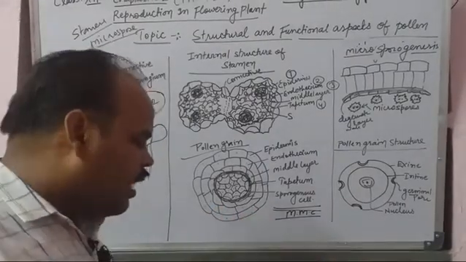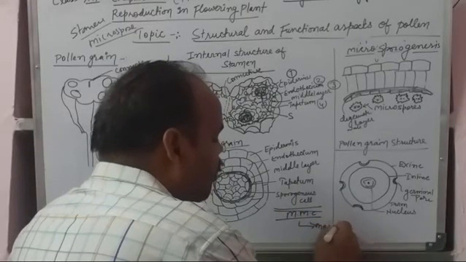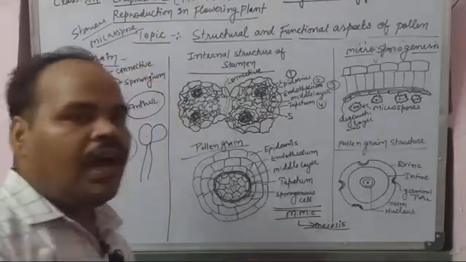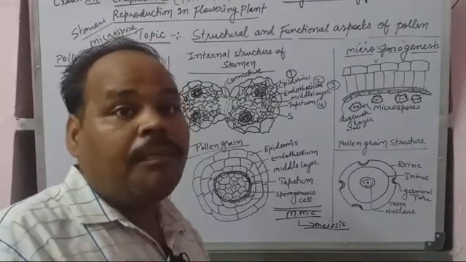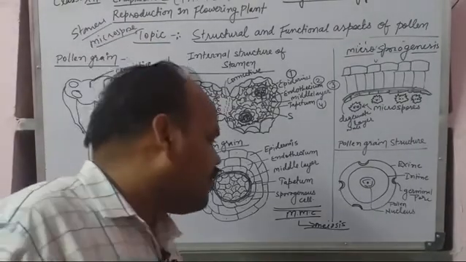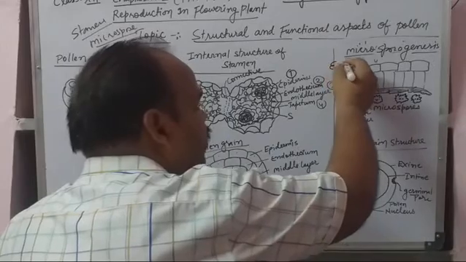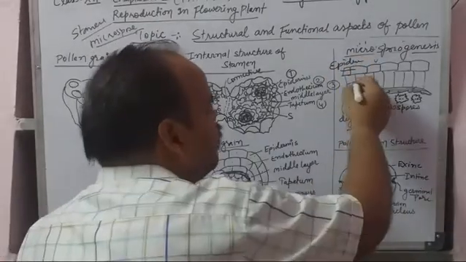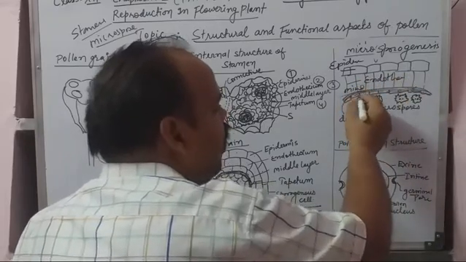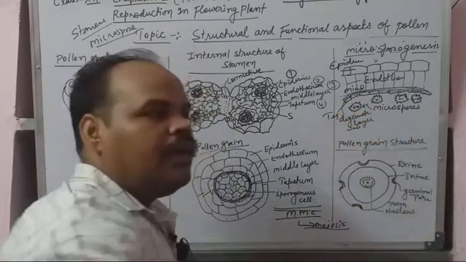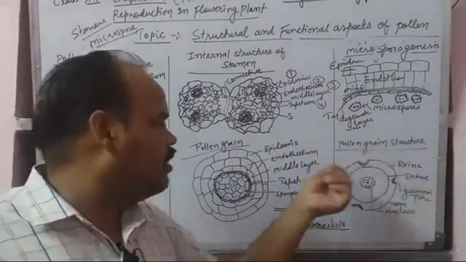These divide by meiosis, so the structures formed are haploid. So the first layer is the epidermis of the microsporangium, then the endothecium, after that the middle layer, and next the tapetum. In microsporogenesis the cells divide and form microspores, which are also called pollen grains.